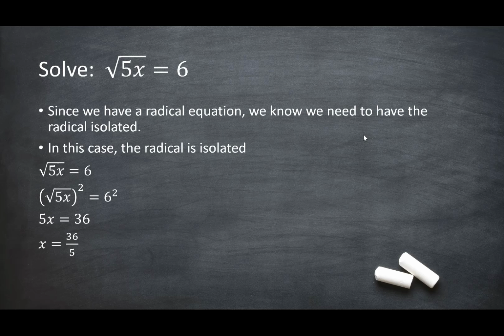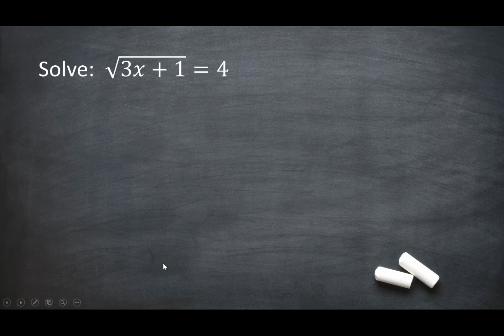Now all I have to do is divide by 5, and we get 36 over 5. Notice if I plug this back in, the 5's cancel out, so I get the square root of 36, and that is indeed equal to 6.